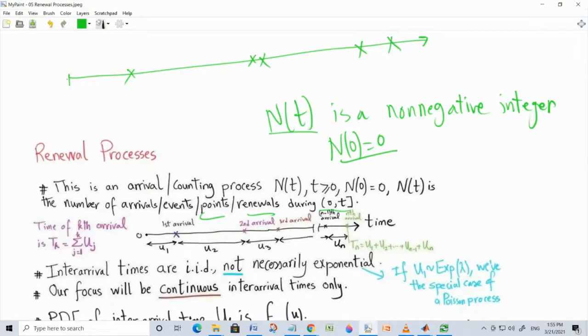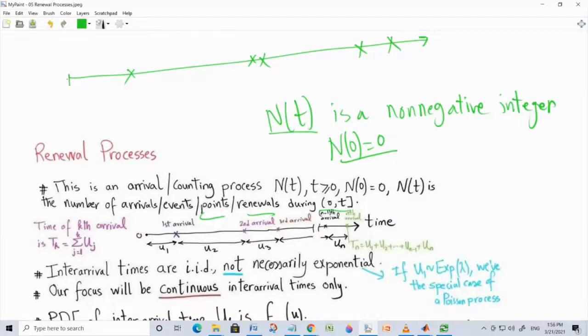You assume that at the beginning nothing happened, N of 0 is 0, and then you start getting arrivals. Those may be customers arriving at a queue or a service station, or packets arriving at a router in a network. Many things can be modeled using an arrival or counting process.